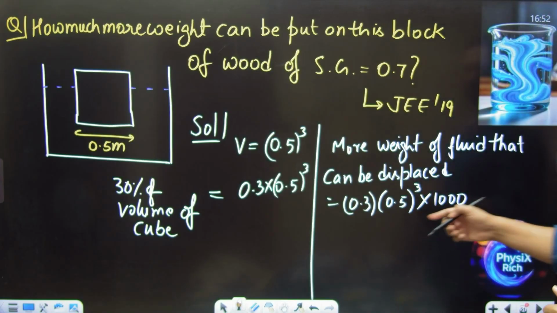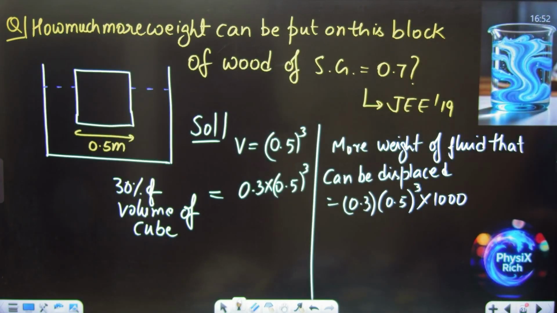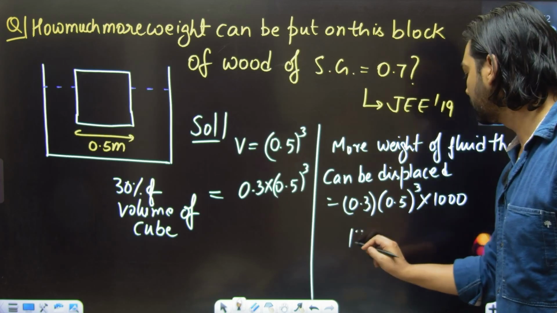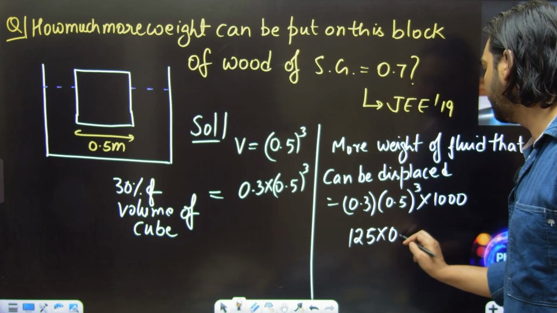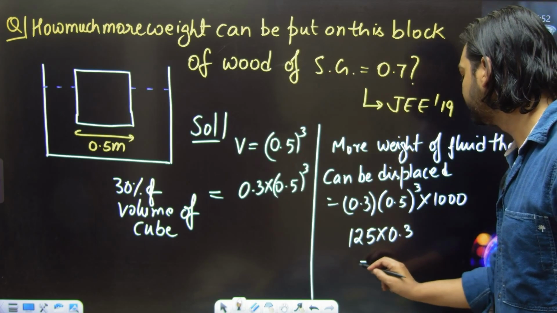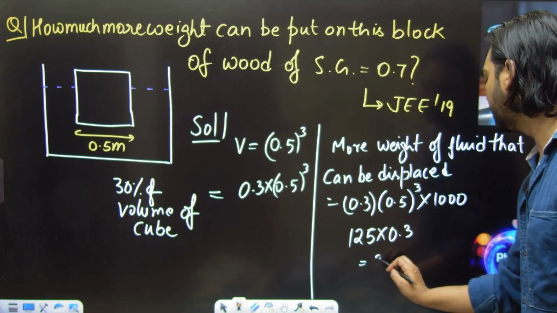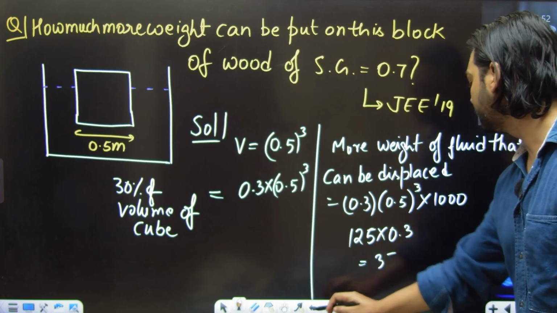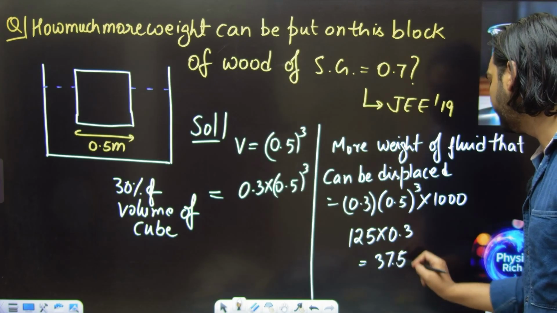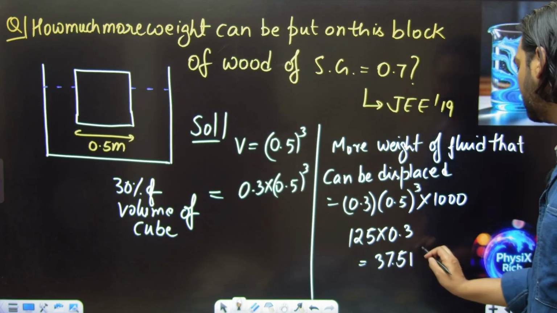Okay. So what is 0.5 times 0.5 times 0.5 times 1000? It's 125. 125 times 0.3 is going to be what? I think it's going to be 37.5. 37.5 kg.